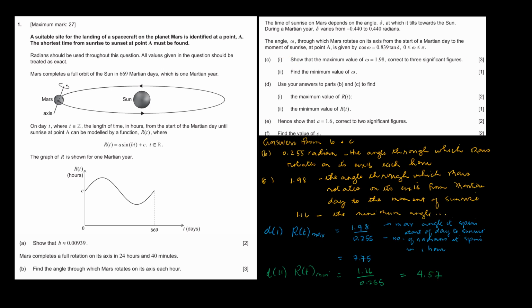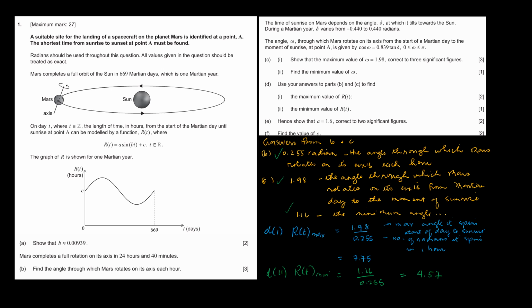Okay, so for letter D, we have to use our answers in part B and C. So from part B, I put it here, and then at part C, we have the two answers here. Find the maximum value of R of t.